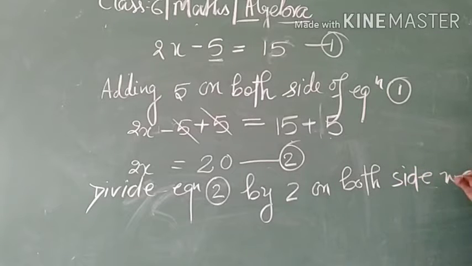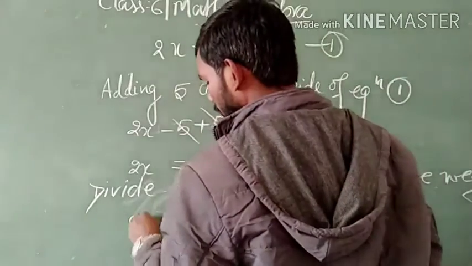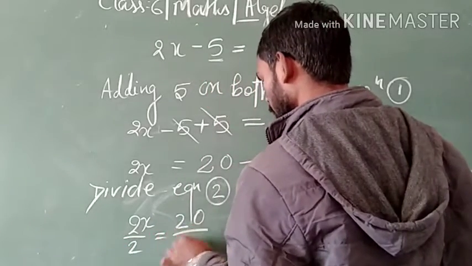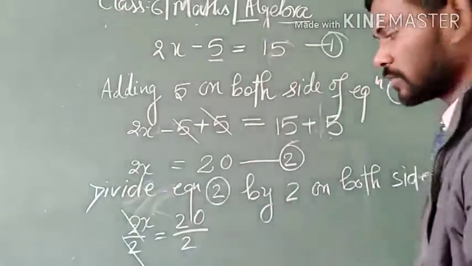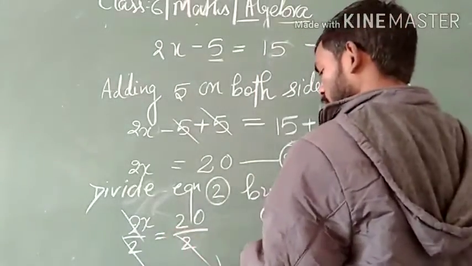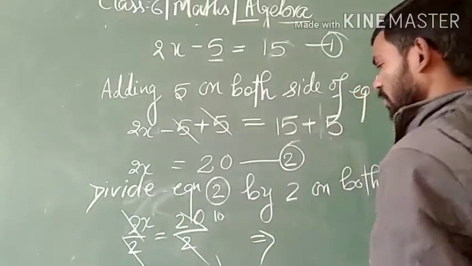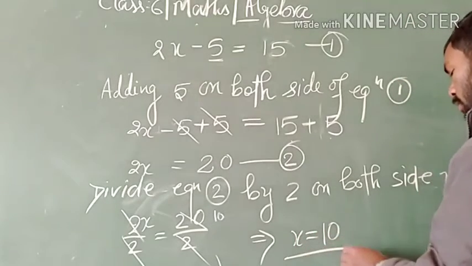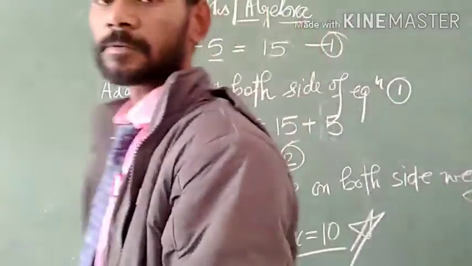We get 2x upon 2 is equal to 20 upon 2. 2 1s are 2 and 2 1s are 2, and here we get 2 10s are 20, and hence here we get x is equal to 10, which is the correct answer.